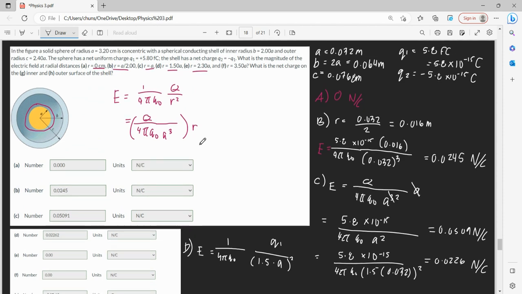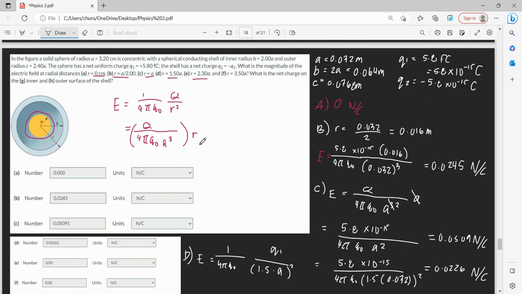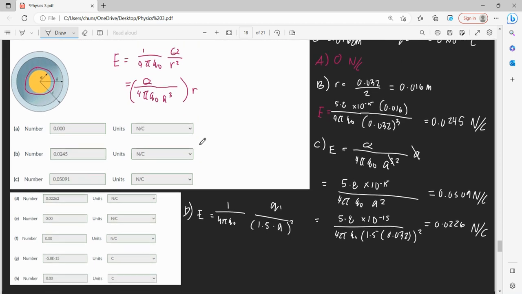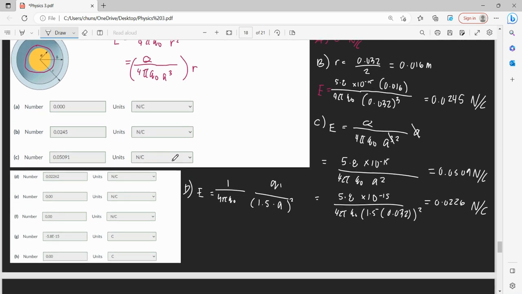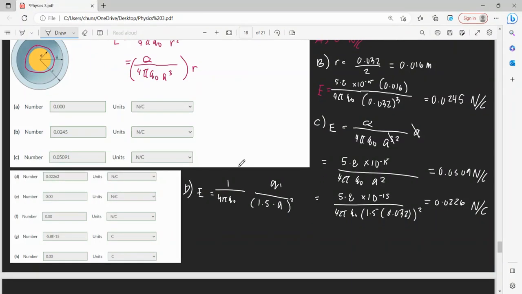At E, we are measuring what it is at 2.30 A. And we see that it's equal to 0. Now, why is that? So let's see where this is first of all.